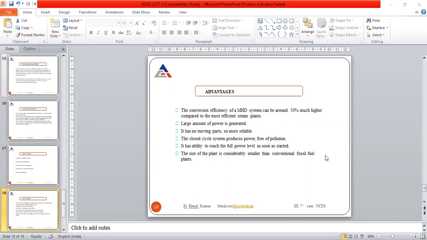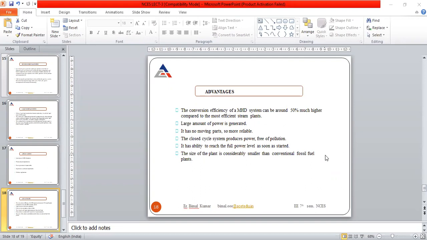It has no moving part, so it is more reliable. Generally, whenever some part of a machine, whether it is a generator or a motor, is movable, friction and windage losses will be there. There will be more chances of faults when there is a moving part in a device.